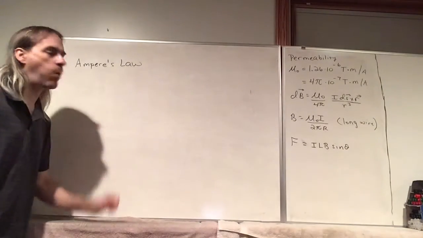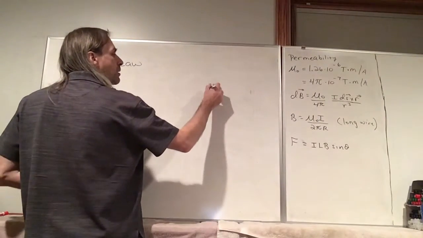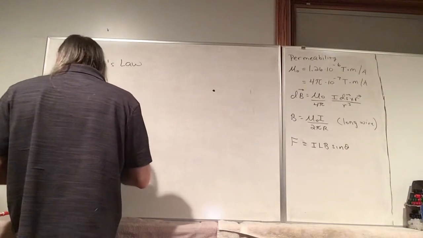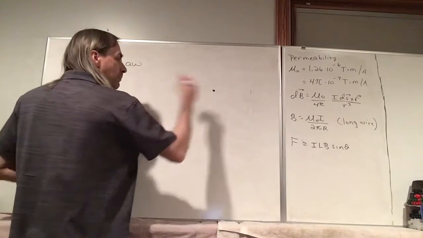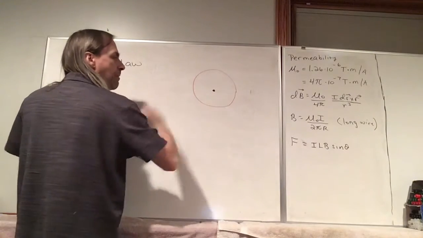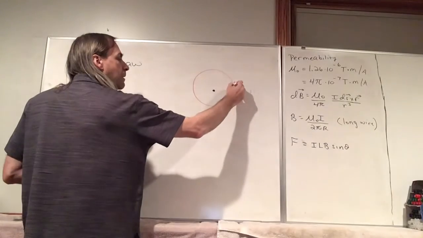And I'm just going to write down Ampere's law. Well, let's draw a picture first. Let's say we have a current coming out of the board. And remember the second right-hand rule, field lines curve around like this.